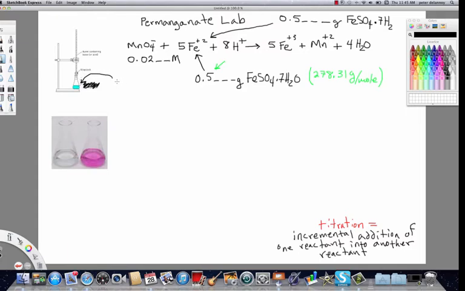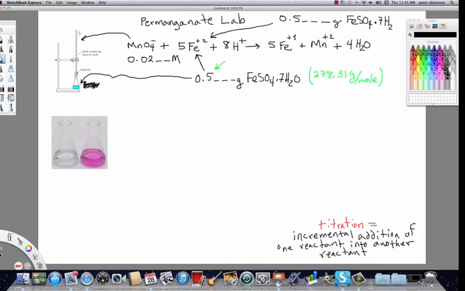So my iron 2 sulfate will be here in the collection flask. All right, we'll just do it this way. And the permanganate solution of unknown analytical molarity is going to be up here in this glass cylinder we call a burette.